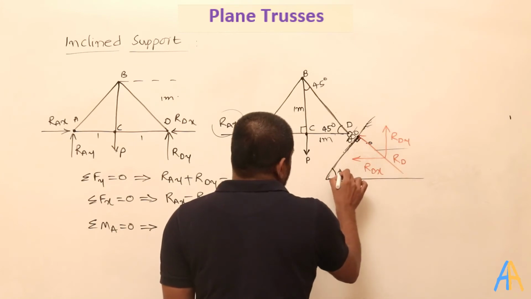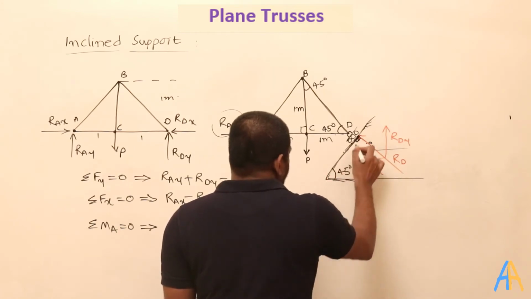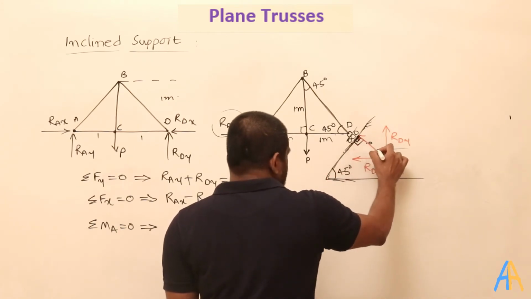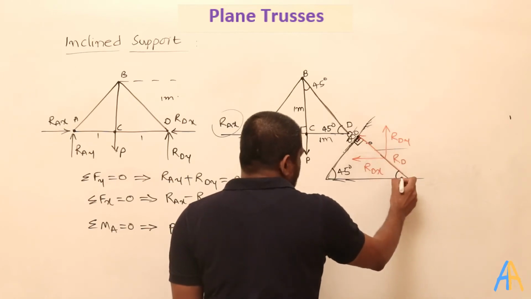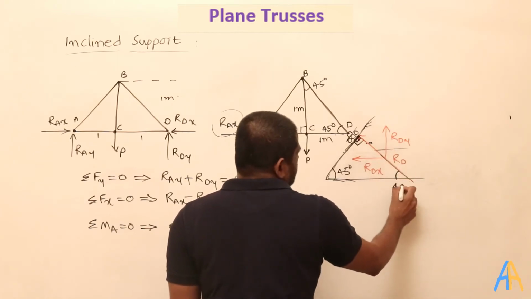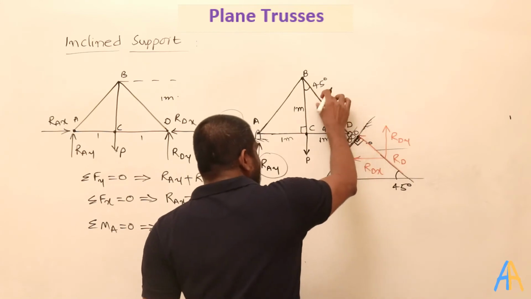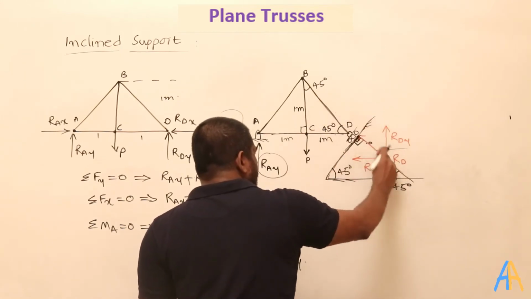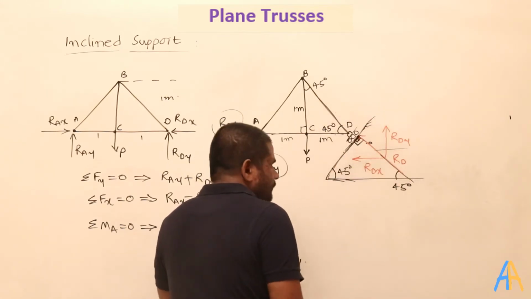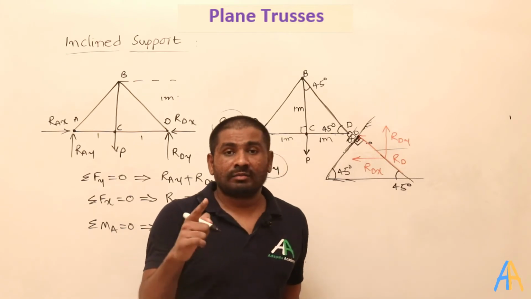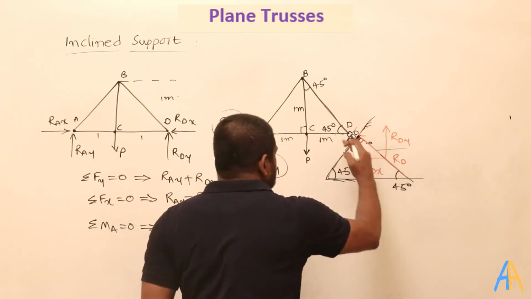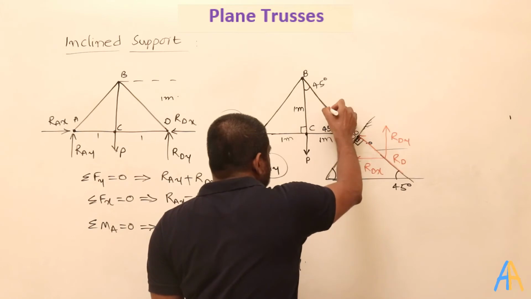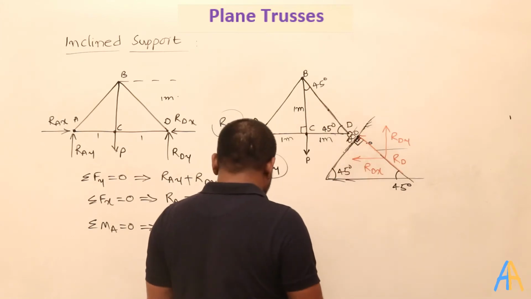This is theta, how much? 45 degrees, and here it is 90 degrees. So if I extend this, how much angle is it making here? 45 degrees. That means this line is making 45, and the normal reaction is also making 45. What is the meaning of that? That means the normal reaction is collinear with this particular BD.